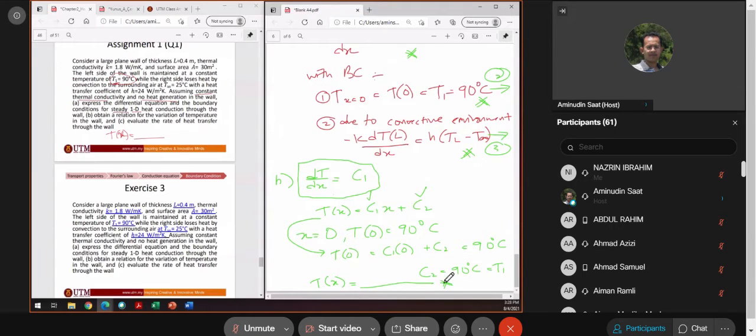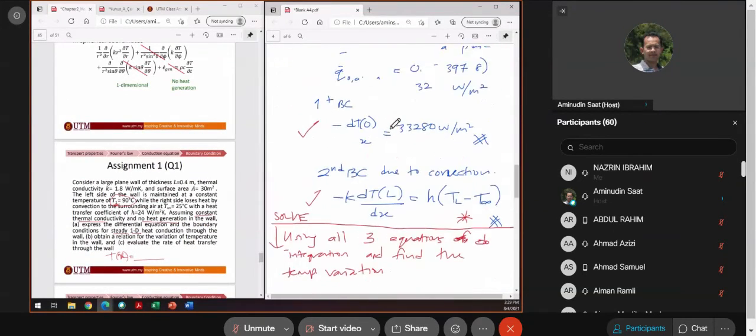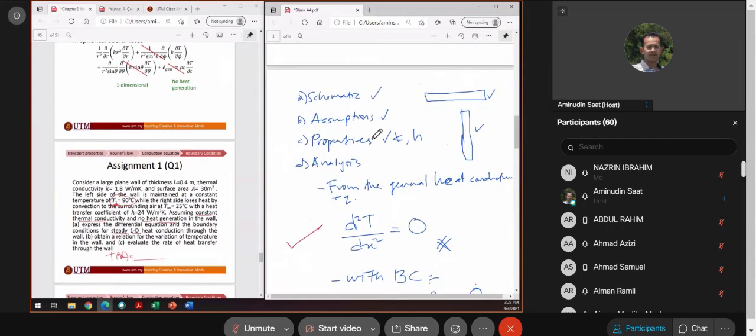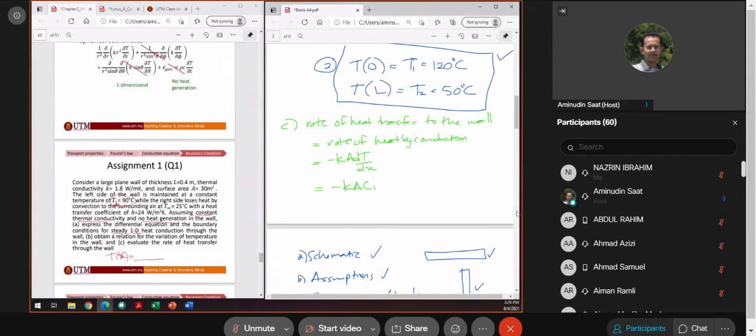Normally when you find C2, the next one you can find is C1. Before you want to find the final temperature variation T(x), first you need to find C2, C1 and T(x). Once you find T(x), then you can get the rate of heat transfer through the wall.